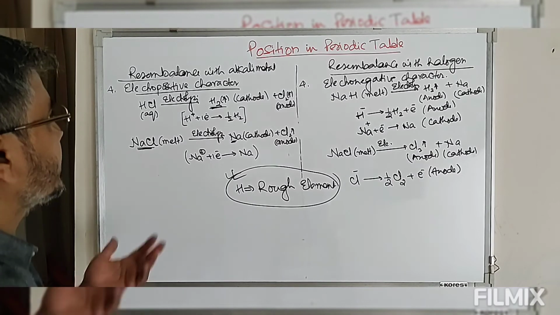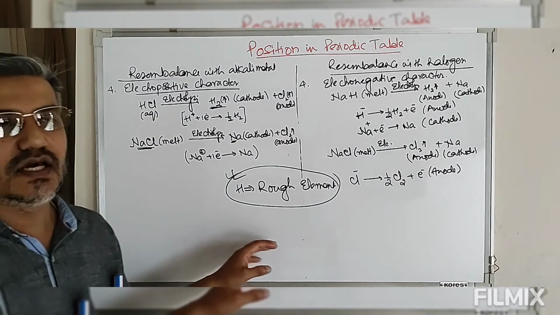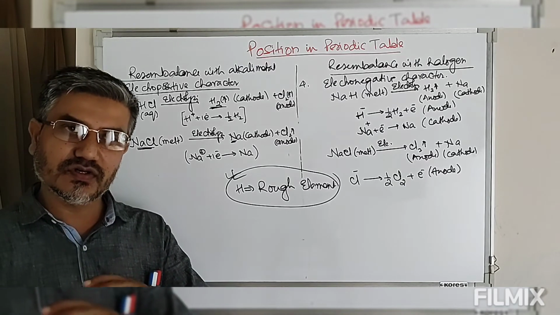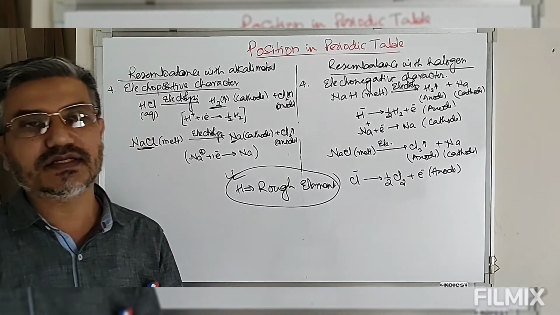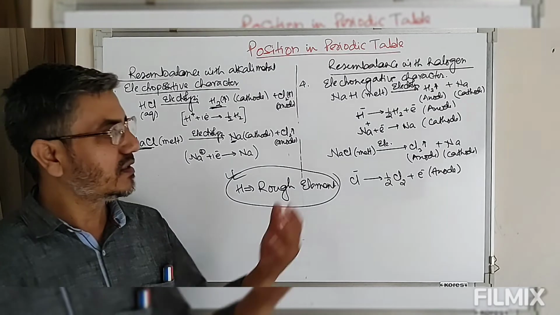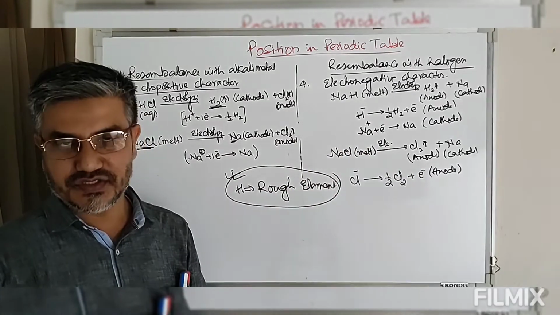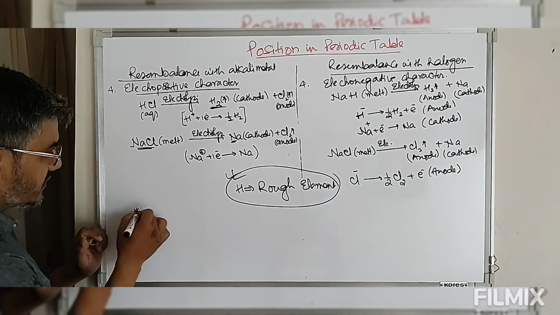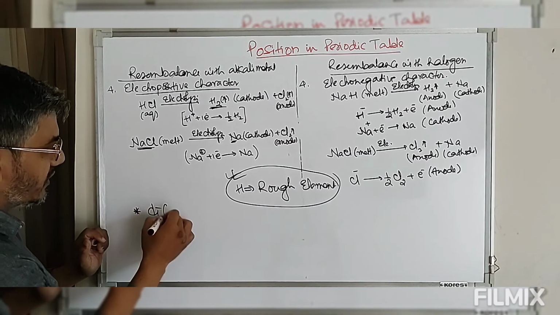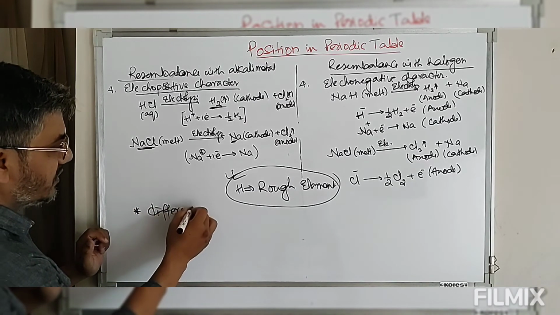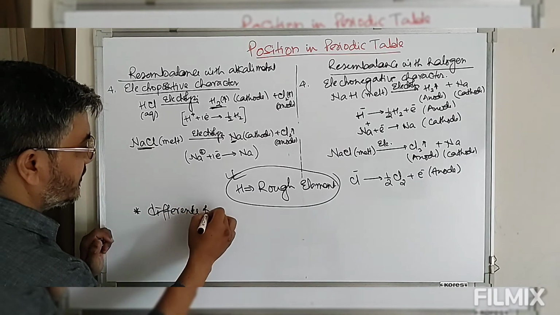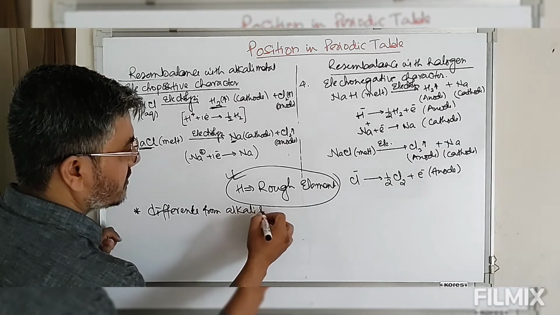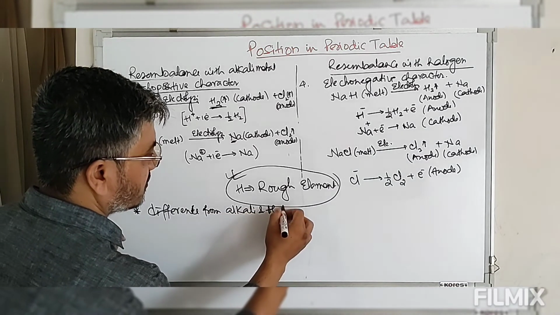Apart from this resemblance with alkali metals and halogens, some of the properties of hydrogen are different from alkali metals as well as halogens. So let me give you examples of properties which are different from both halogens and alkali metals. Difference from alkali metals and halogens.